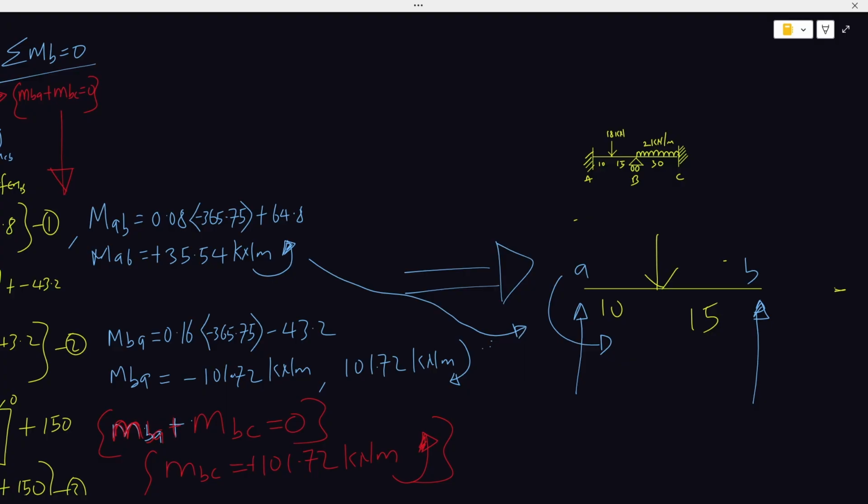This moment was an anti-clockwise one, so 35.54 kilonewton meter.